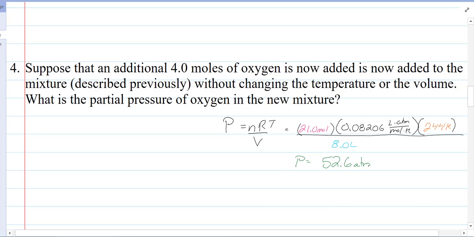So if we go back to my pressure of O2, the mole fraction, now 2 and 4 is 6.0 moles, divided by the 21 moles, times the 52.6 atmospheres.